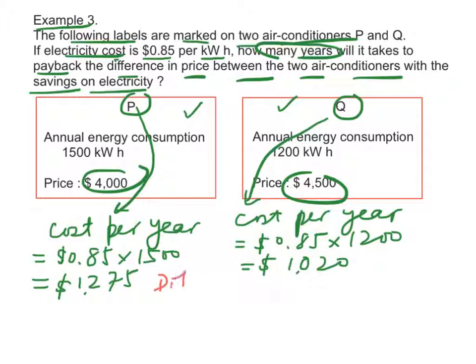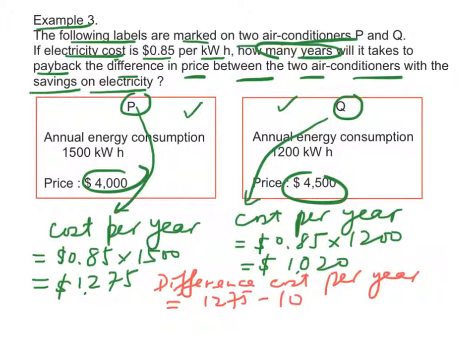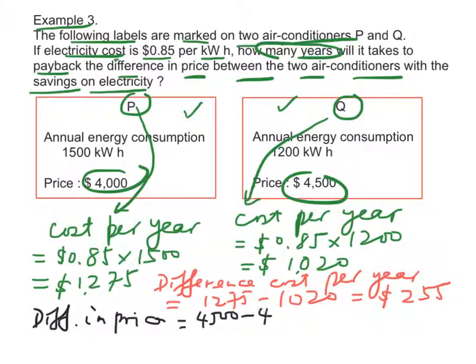The difference for the cost per year is equal to 1275 minus 1020, which is equal to $255. The difference in the price is equal to 4500 minus 4000, which is equal to $500.